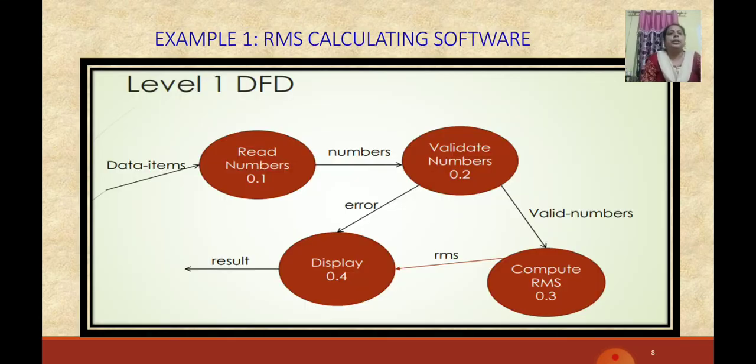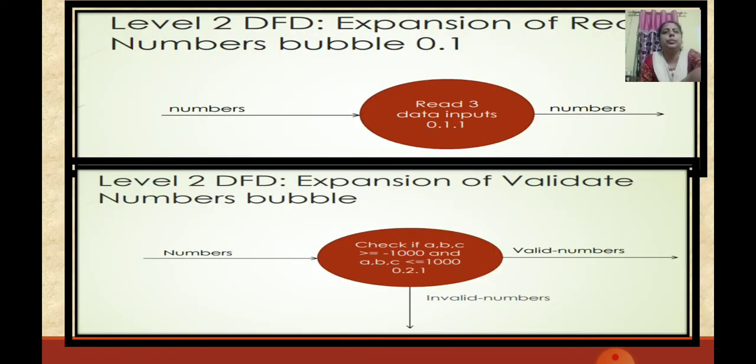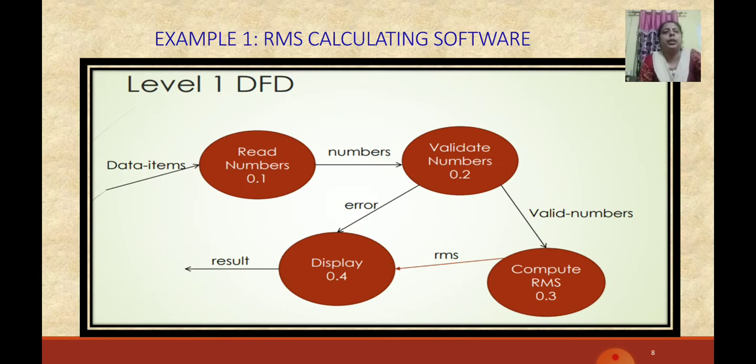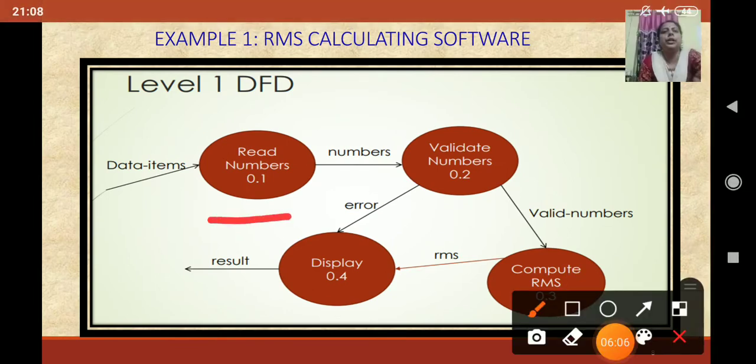Okay, this is the level 1 DFD. In level 1 DFD, the first function is read number, and the numbering value is 0.1. In the context diagram, that is 0.